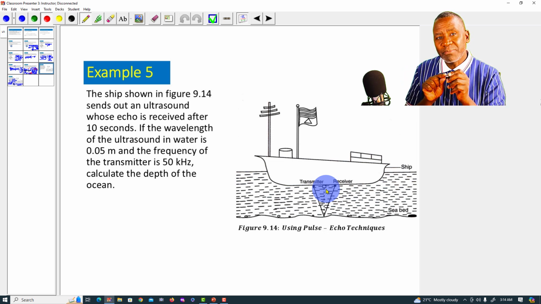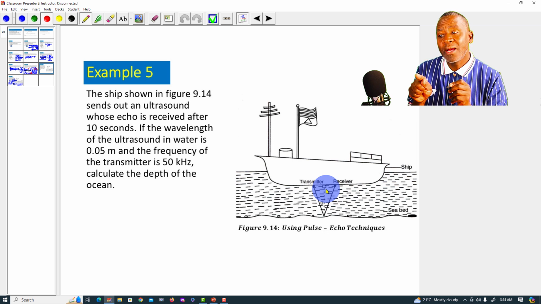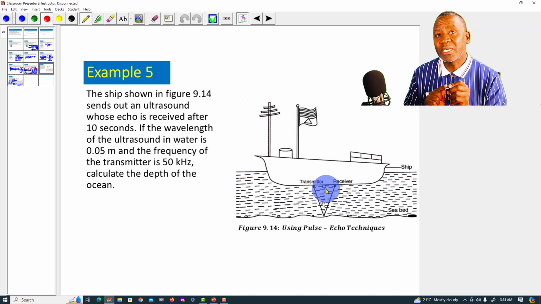So the transmitter is the same as the receiver, and once it does that, it's going to give us so many physical quantities. It can tell us how fast the car is traveling. It can tell us how far the car is from the speed gun, that is from the traffic police, and so many other things can be calculated.